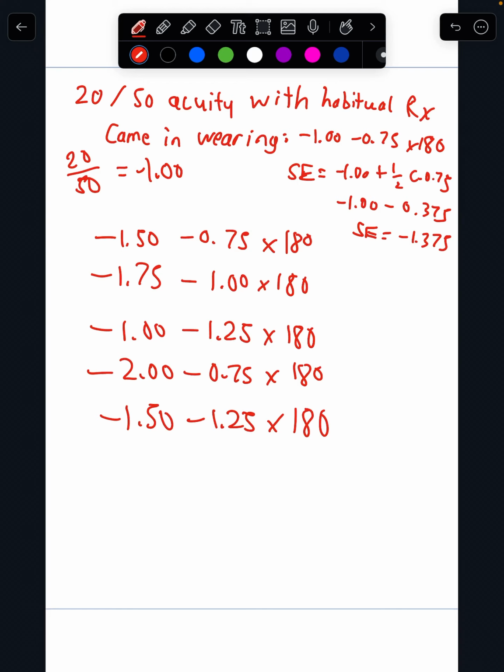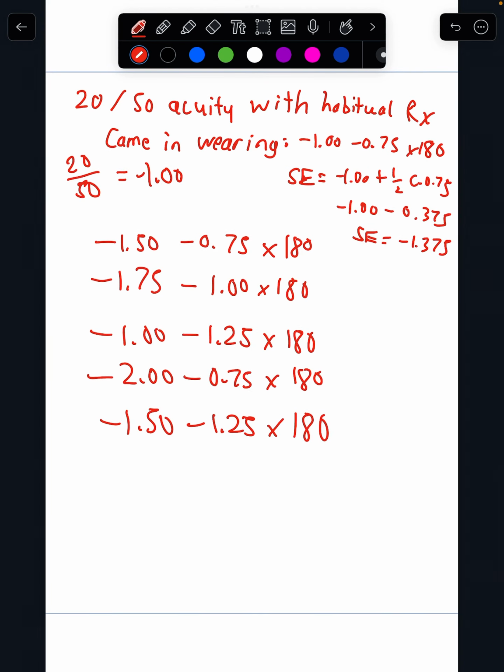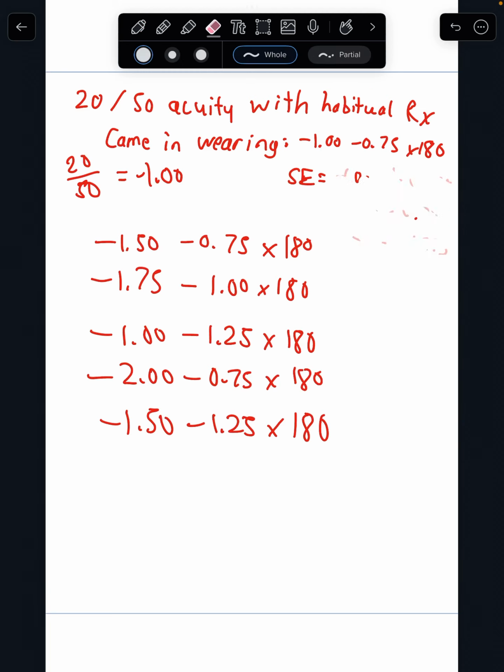And I'm just going to remind you, for sphere and spherical equivalent, we round to the more minus number. So right now we're between -1.50 and -1.25. -1.50 is the more negative number, so we're going to round to -1.50. So the spherical equivalent of our entering pair of glasses is -1.50.